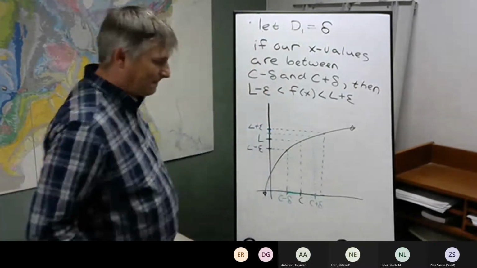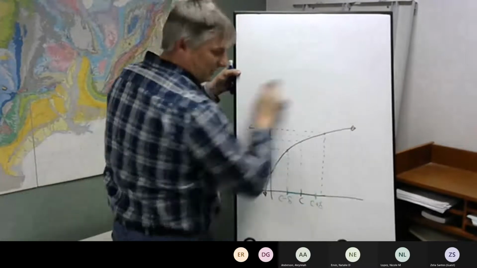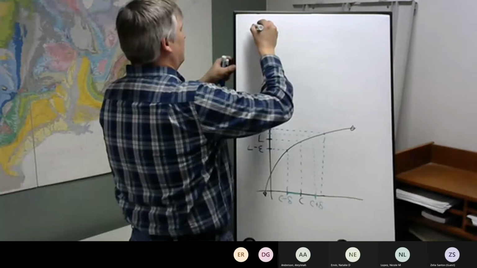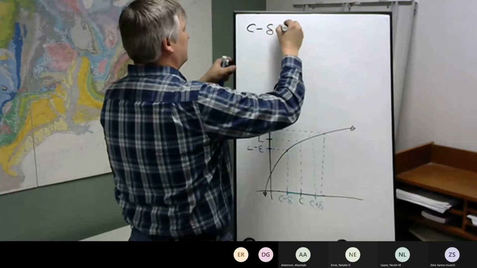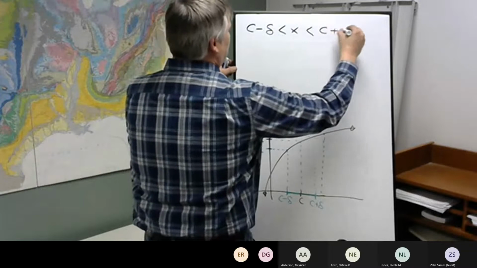So how does this work in practice? Well, let's go back to what we've got here. We have C minus delta less than x less than C plus delta.